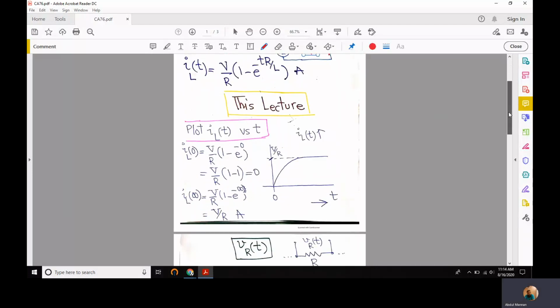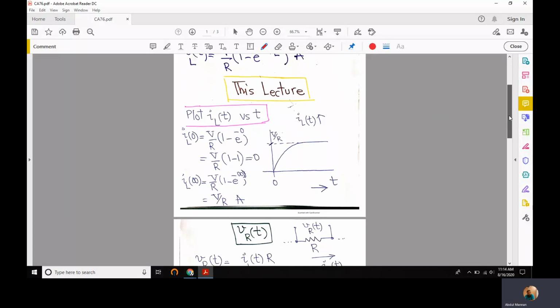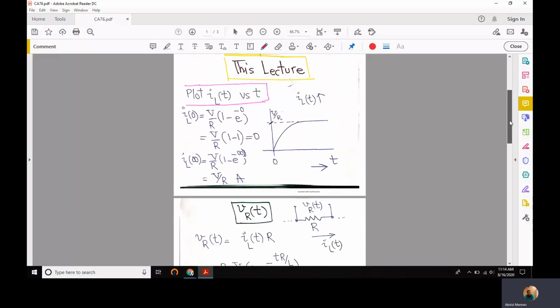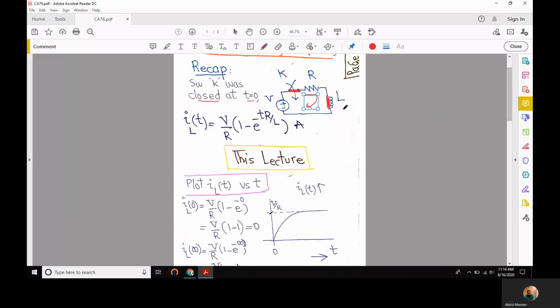The other things that we have to compute in this lecture are the voltage drop across the resistor for all values of t, and the voltage drop across the inductor, also for all values of t. Computing the voltage across this resistor is pretty straightforward.